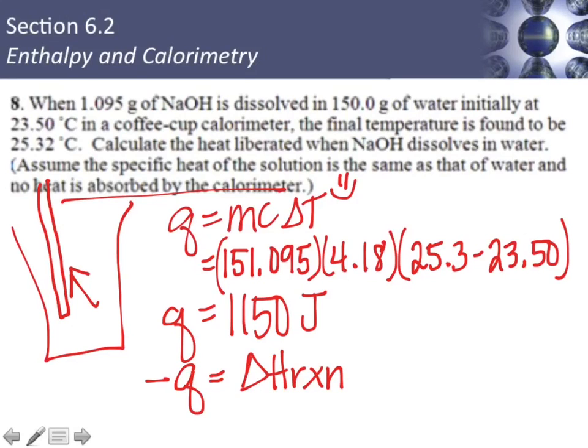So our heat of reaction in this case would be negative 1150 joules. That is one of the biggest mistakes that'll be made on the test, is you will not change that to a negative.